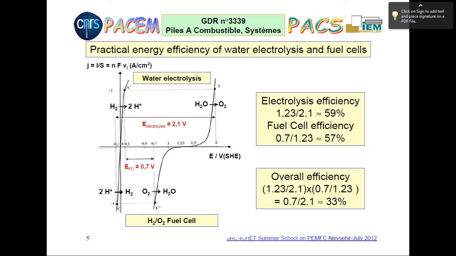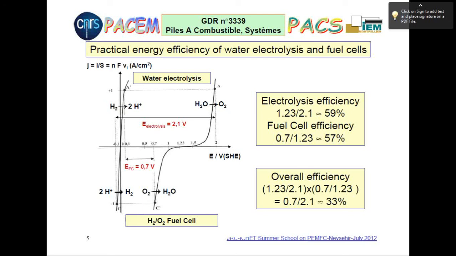And in this figure, for the complete cell, you have to make the difference of, I would say, the cathode potential and anode potential, or anode potential and cathode potential, depending on whether you are in fuel cells or electrolysis. For example, for the electrolysis, you must have the anode at this point, and the cathodic point at this one.